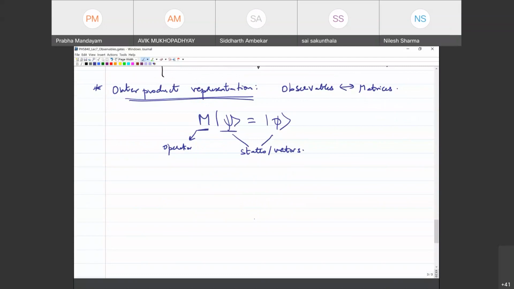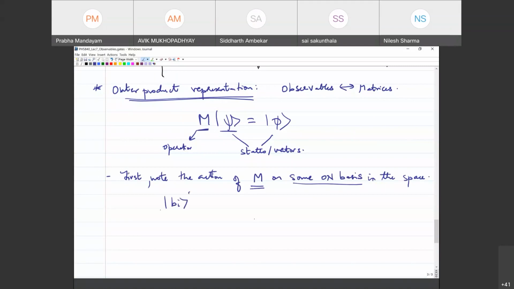The key thing is to first note what the action of M on some basis is, right? So first we need to know what is the action of this operator on some orthonormal basis in the space. So let me say Bi is some orthonormal basis.